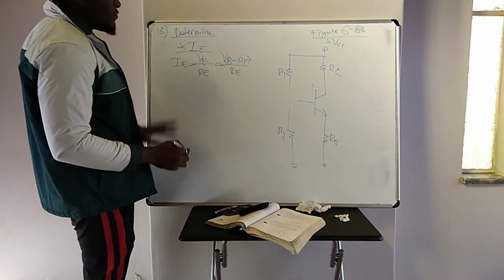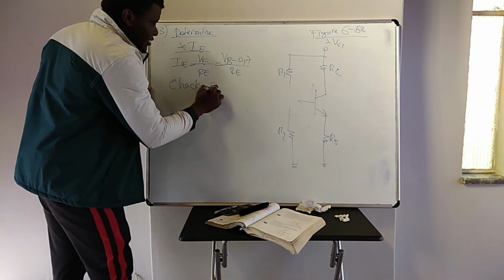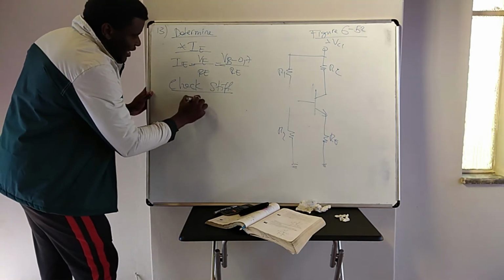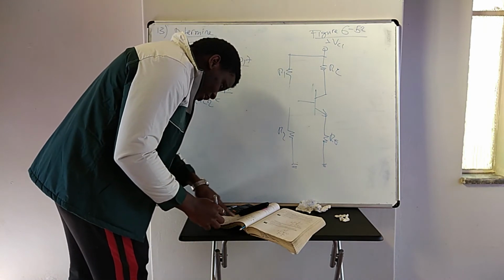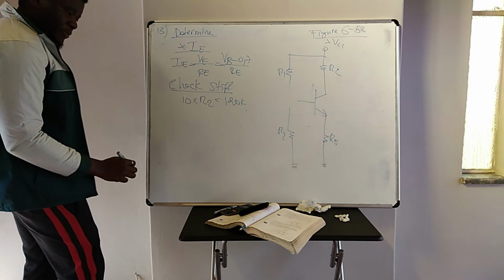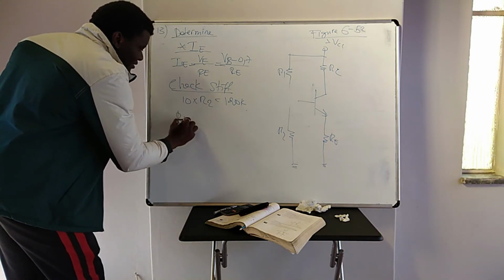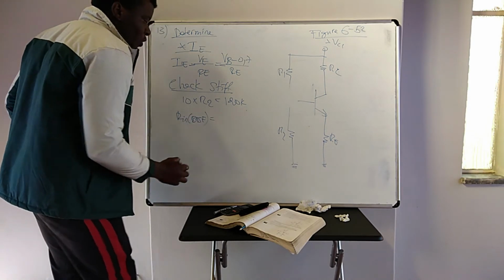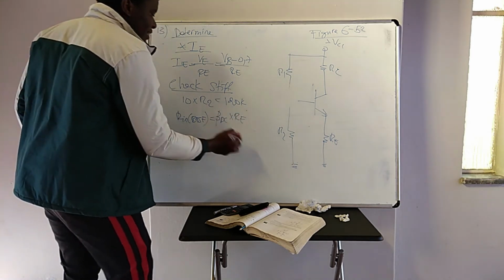To check for stiffness, we have two methods. You calculate 10 times R2, which is how much? R2 is 12k, so 120k. And then you must check R in base, which is beta DC times RE.